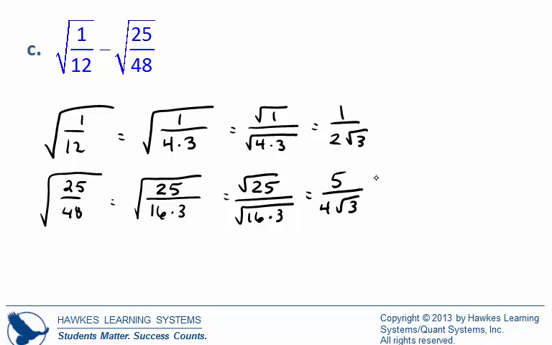So now what we want to do is we want to get these in simplified form, which means that we want a radical out of the denominator, and then we want to hopefully see if we can combine our terms. So let's multiply both of them by the square root of 3. That will rationalize our denominators.